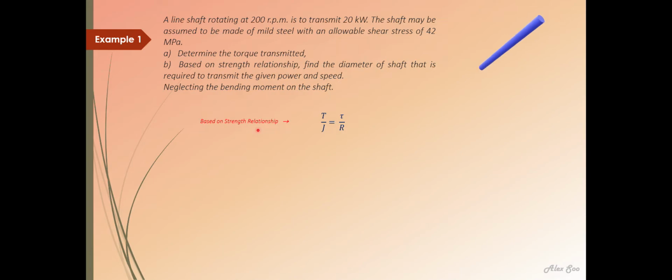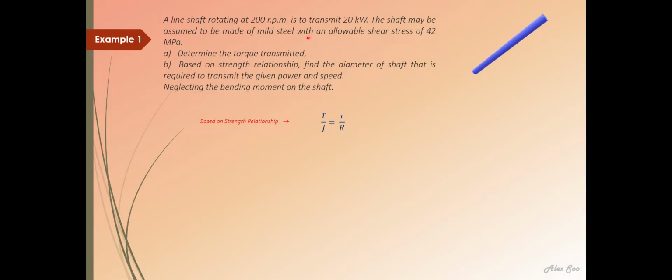Based on the strength relationship, we have the equation T over J equals the shear stress tau over R, where T is the torque, J is the polar moment of inertia, tau is the shear stress and R is the radius.